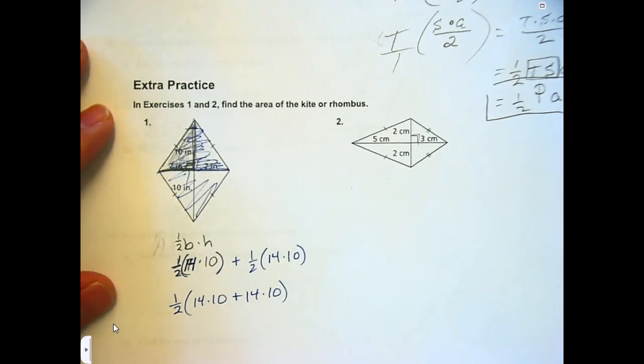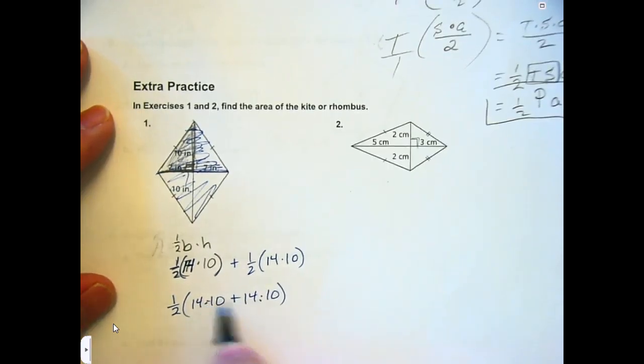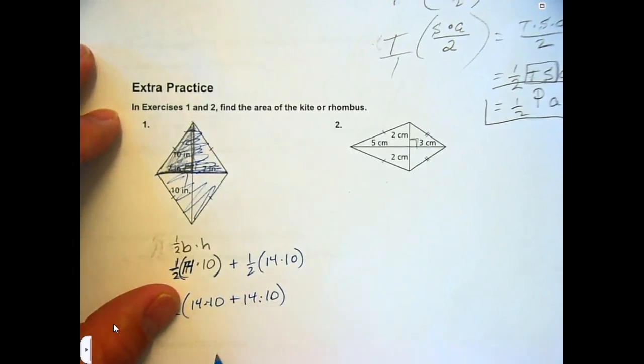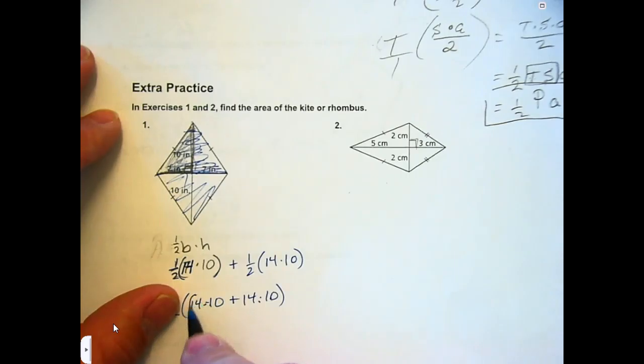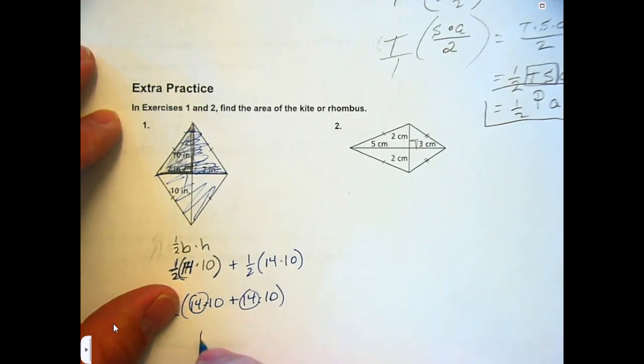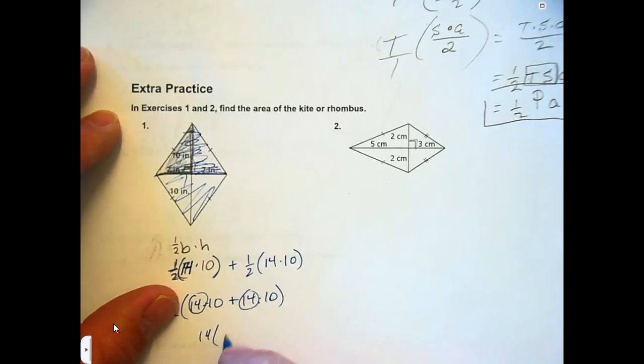Everyone good there? Okay. What do you have in common here between these two pieces? 14 and 10, right? So if I were to take this 14 and this 14, I'd have 14 I could take out and go times 10 plus 10.